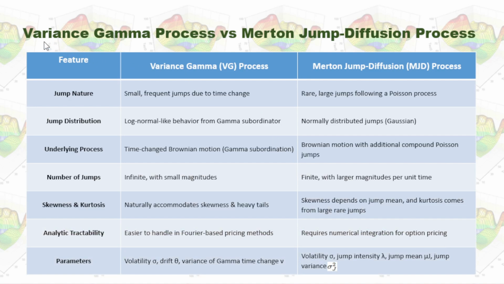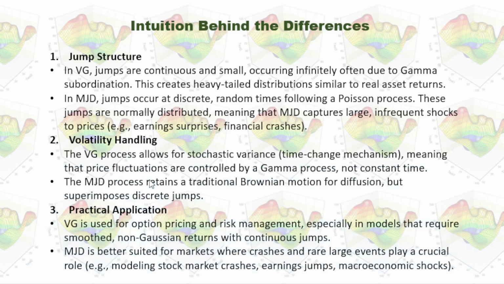Okay, here I list the comparison between the Variance Gamma process and Merton Jump-Diffusion process. And you can take a look, and I will not go through each item one by one. I just want to talk about the intuition behind the differences.